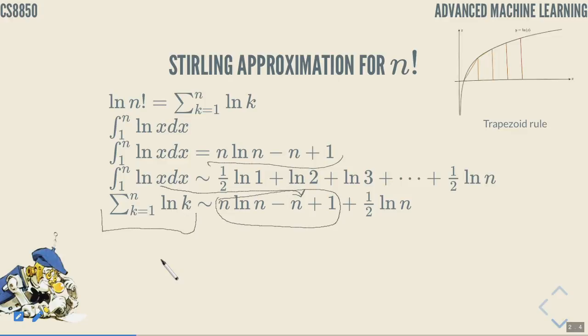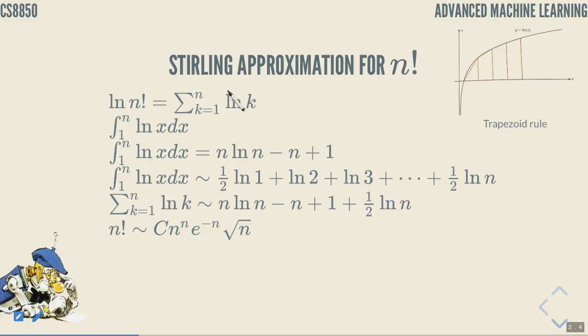Beautiful. Let's now exponentiate both sides. Once we exponentiate both sides, look at this. This is nothing but n factorial, and it's proportional to the following expression. You can follow through by exponentiating all of those elements here.